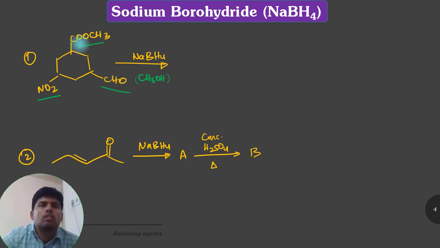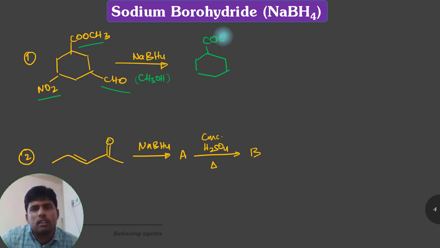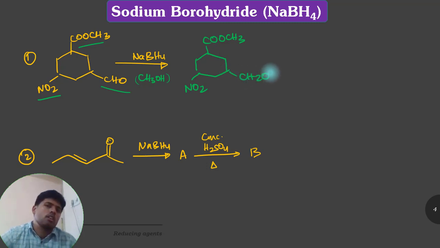We don't have to react the ester group. So here NO2 is not affected and ester is also not affected. So the product you get is COOCH3, here it's going to be NO2, and here it is going to be CH2OH. So this will be the product.